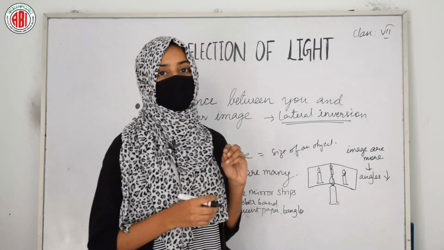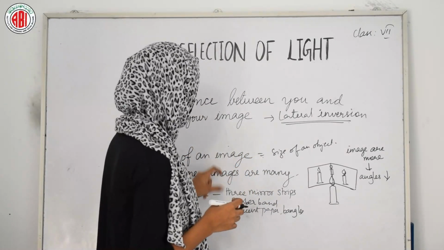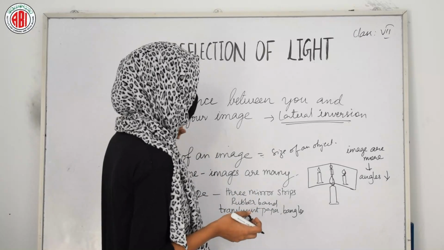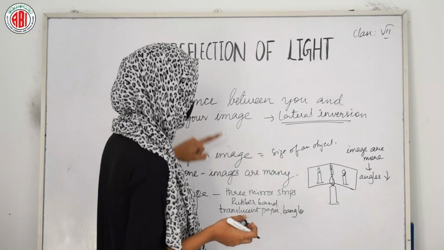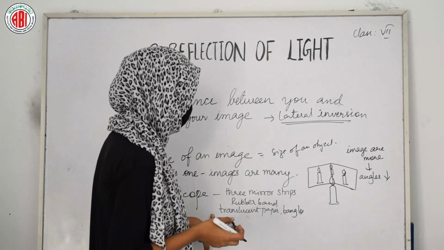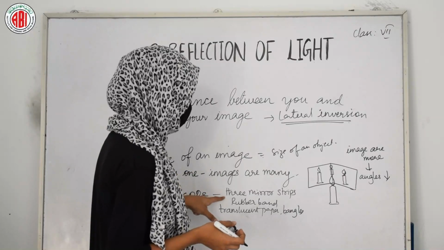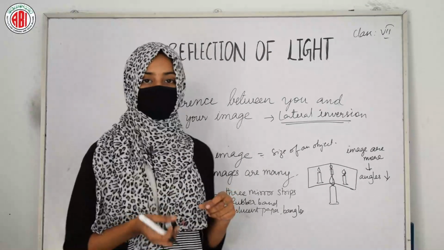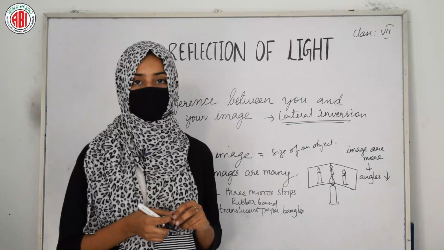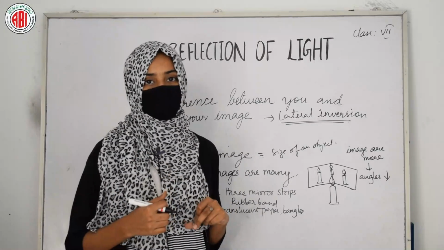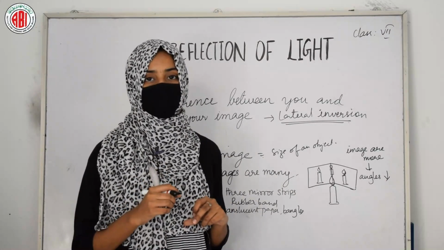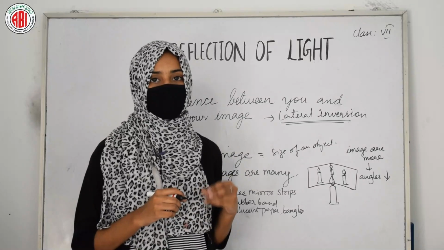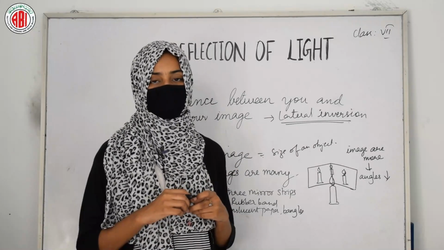When the three mirror strips are tied in a tube, now two ends are present. At one end, place the translucent paper and again tie it with the rubber band, and at the other end of this triangular tube, fix the cardboard and make a hole on that cardboard so that you can see what is present inside the kaleidoscope.